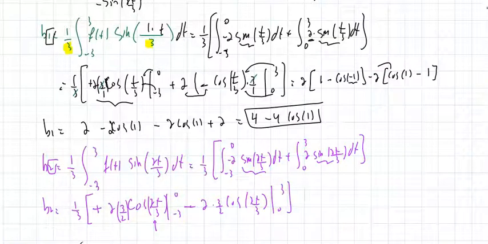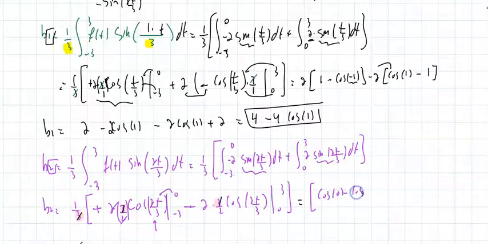Again, it would be wise for you to recognize that if I distribute the 1/3, I could cancel those 3's. That's good. And those 2's cancel out. That is the cosine of 0 minus the cosine, and if you put the negative 3 in there, isn't that negative 2?